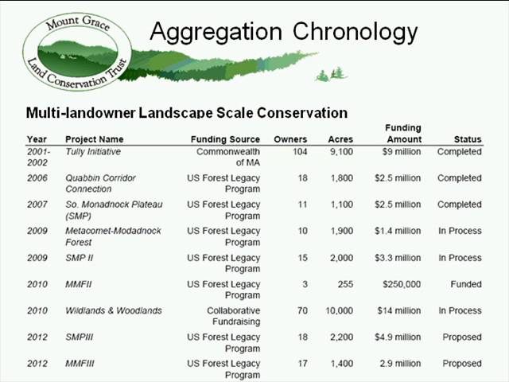And another essential element is that we had from the very beginning, with our first project, the Tully Initiative, top-down and bottom-up support. So we were very fortunate. You can see Mount Grace got started with the biggest project. We're now involved in the Wildlands and Woodlands project, which is comparable size, but a more widespread geography.